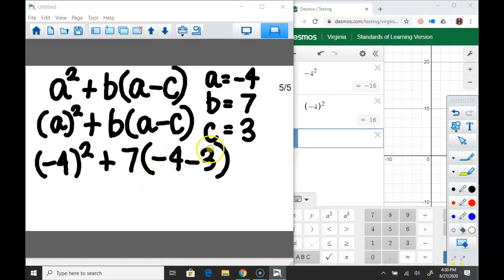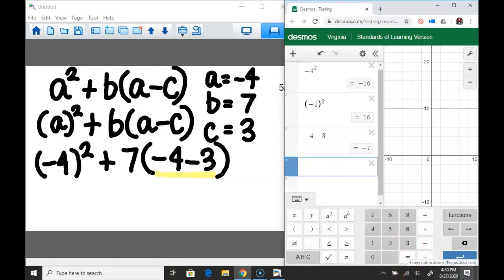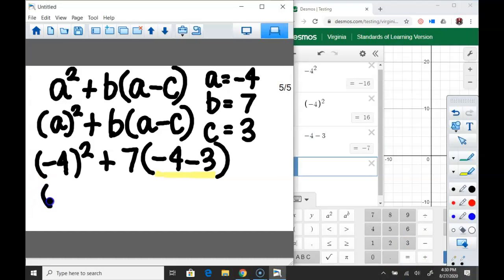We have parentheses, and this time there is more than one number inside. There is something to do. So the first thing we want to do on this problem is negative 4 minus 3. So let's go ahead and do that over here. Negative 4 minus 3, and it appears that that is a negative 7. So we're going to get negative 4 squared plus 7 times negative 7.